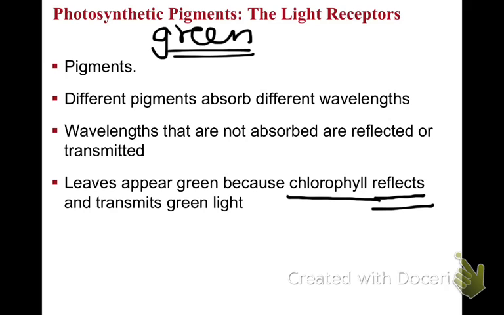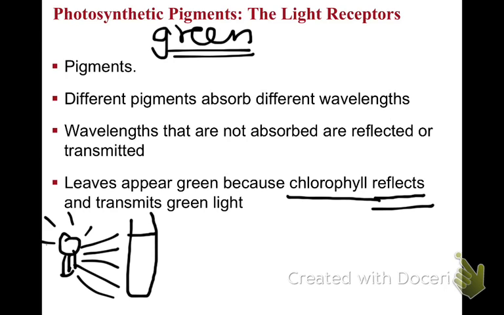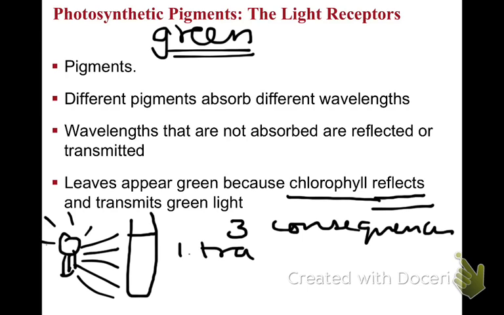Going back, when light falls on an object, like you have a test tube of some solution and light falls on it, what are the three consequences? One, you might have transmission.